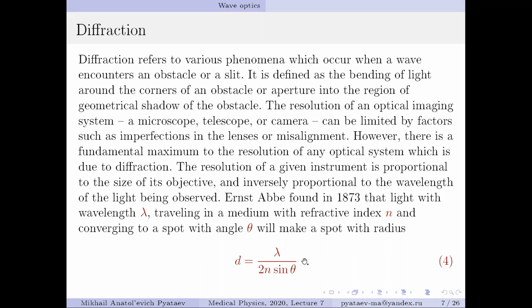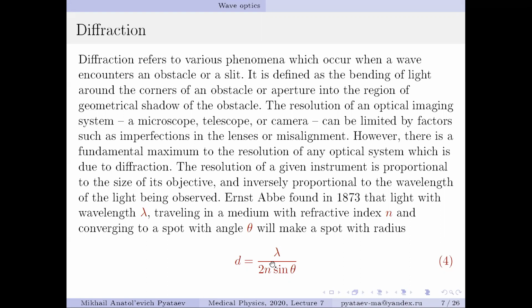But anyway, we can increase it not so strongly because n is not high for any liquid and for any solid objects. The highest n, I think, is for diamond. It is about 2, and all other materials have smaller n in optical regions.